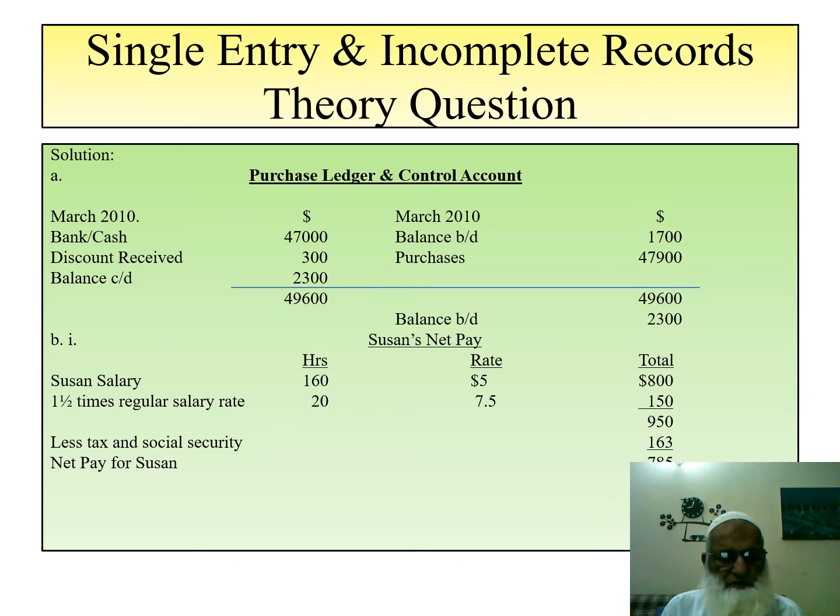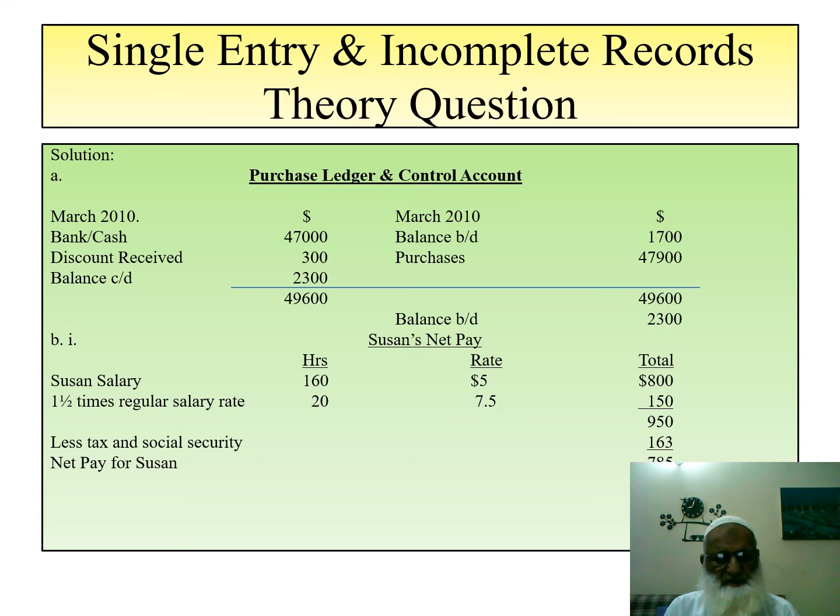Now what we have to do is to calculate Suzanne's net pay. Suzanne's salary for 160 hours at $5 per hour amounts to $800. Overtime is 1.5 times the regular salary rate, for 20 hours.